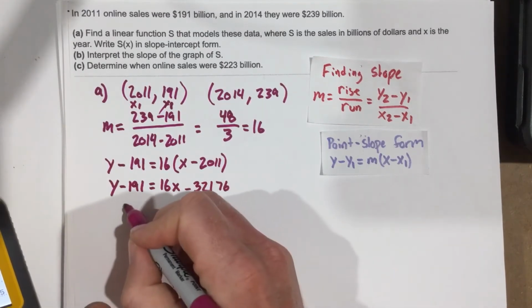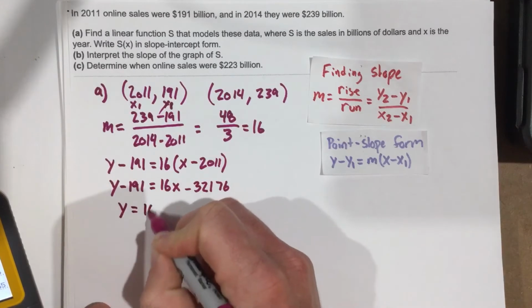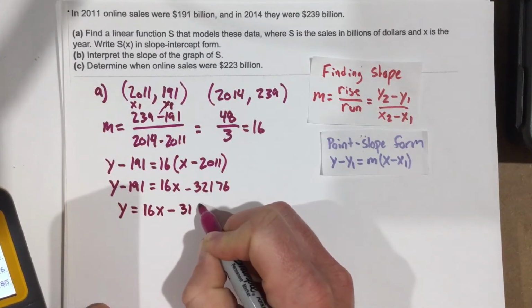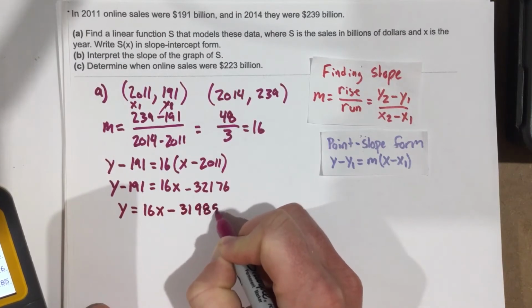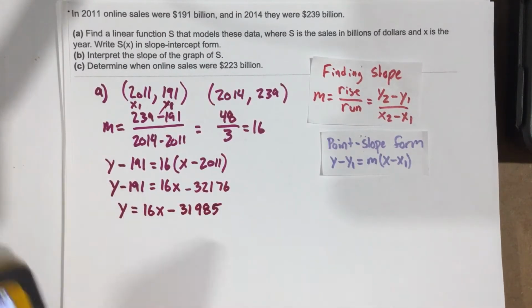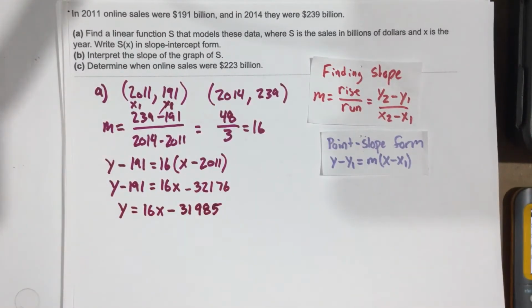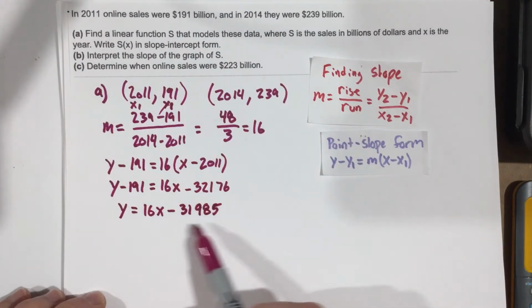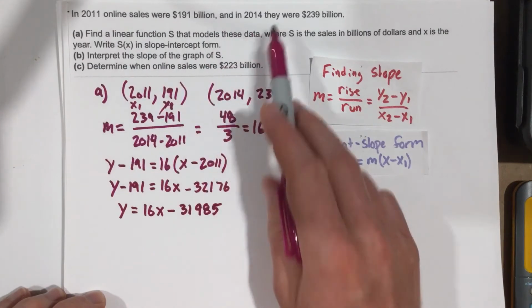When we add the 191 over, we get y equals 16x minus 31,985. So that is our equation for this data set. It's a linear line connecting this point with this point.